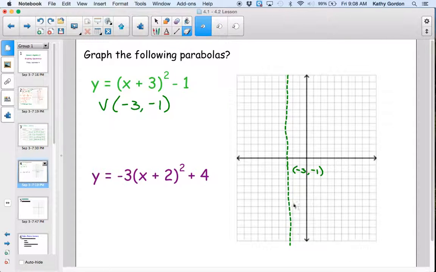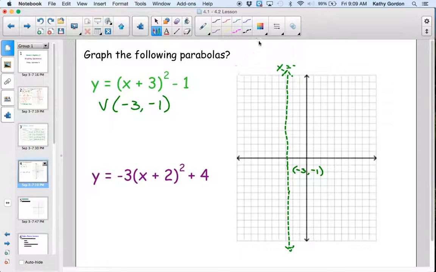Try that again. Try to stay on my line a little better. How should I label that line? Good. Whatever my x value is here, the equation x equals that. Need to change back to solid here. X equals -3. That becomes our equation for our line that makes up the axis of symmetry.